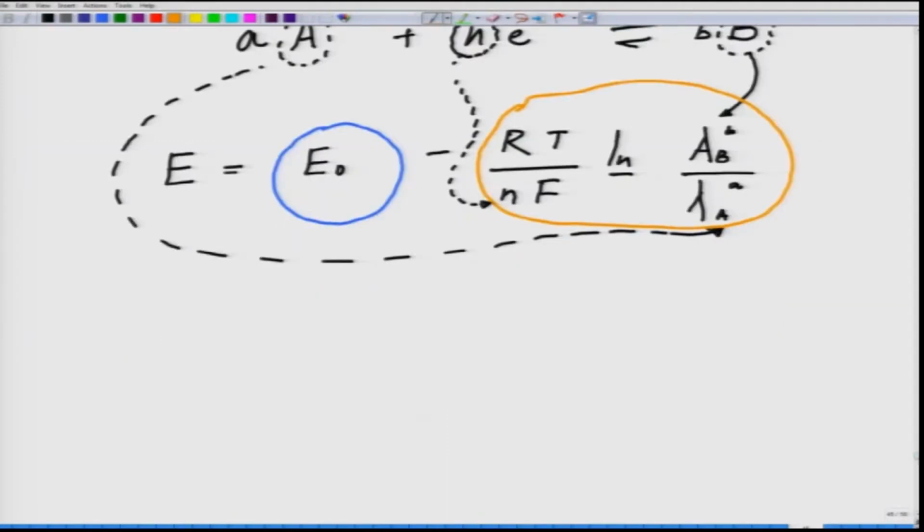The net driving force for a reaction, as we have said, is governed by the Nernst equation, whose two terms include the driving force under standard conditions.